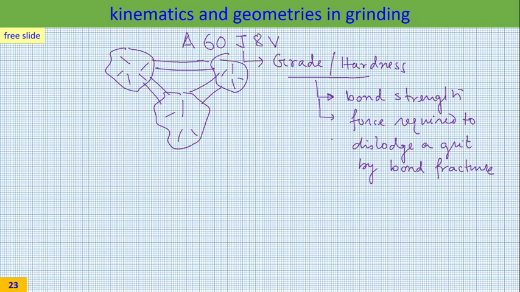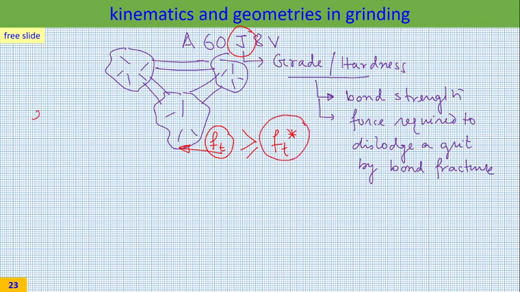These grits are subjected to a tangential force Ft. So if Ft exceeds a particular Ft critical, then this bond fracture takes place. So this bond grade decides this Ft star.